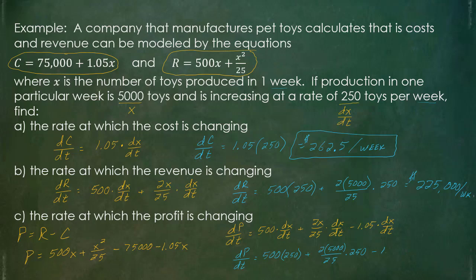And then minus the 1.05 times the 250 once again. So if I type all of that in and just figure out the value, we'll finish up this problem. So 500 times 250 plus the 2 times 5,000 over 25 times 250, then minus the 1.05 times 250.